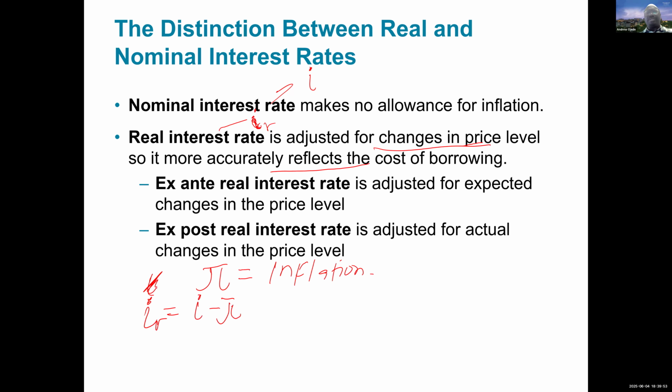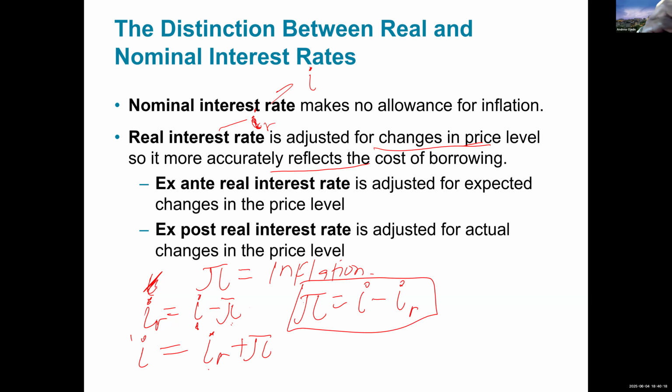Or you can make i the subject: add inflation to both sides, and the nominal interest rate equals the real interest rate plus inflation. You can also make inflation the subject: pi equals the nominal interest rate minus the real interest rate. Any of these three formulas mean the same thing. You just wrote them differently.